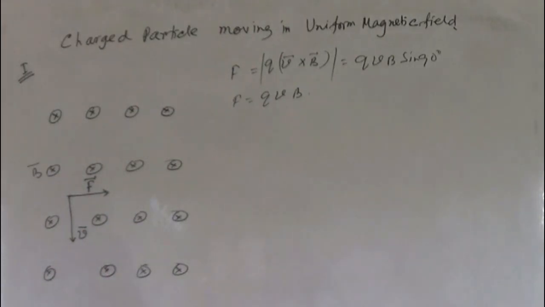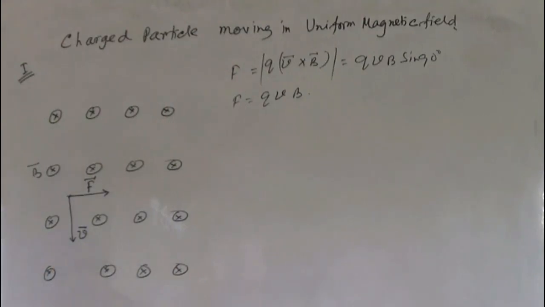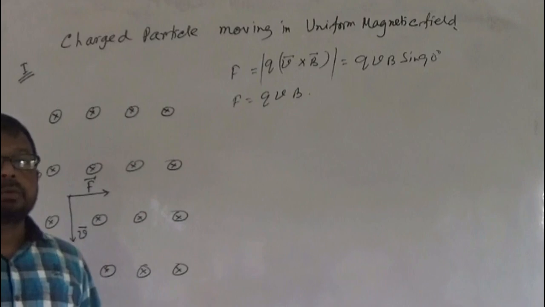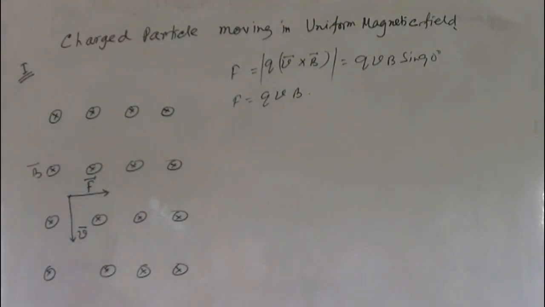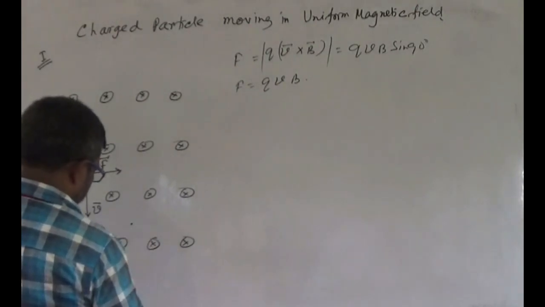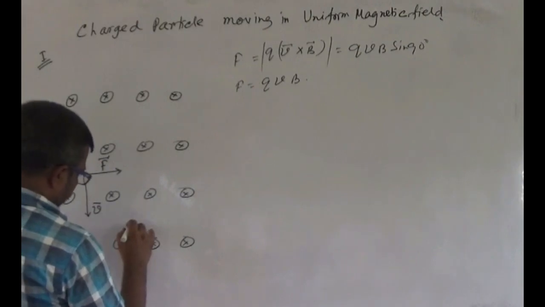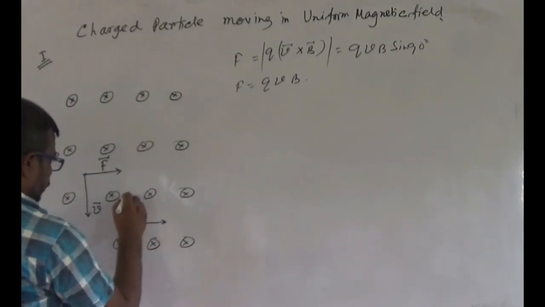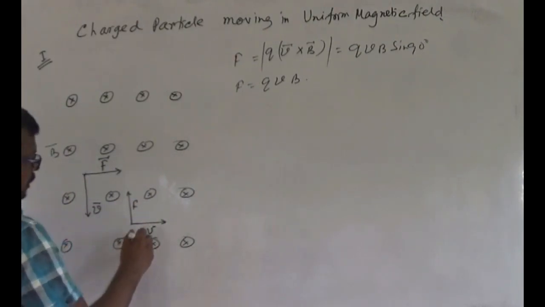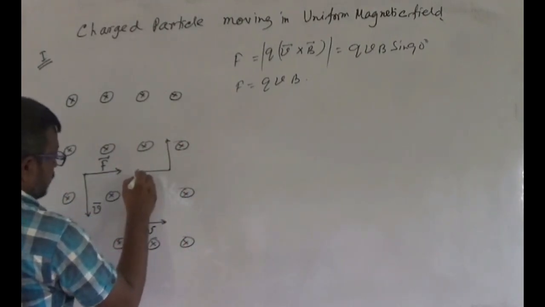And this force is always perpendicular to the direction of motion as well as the direction of the magnetic field. Thus, the path of the charged particle will be circular. At each and every point, the direction of velocity is along this direction, force will be along this direction.